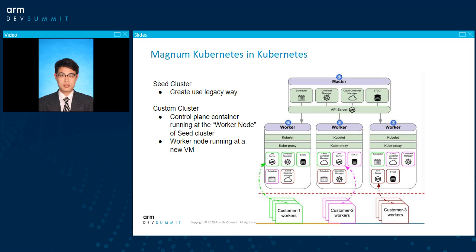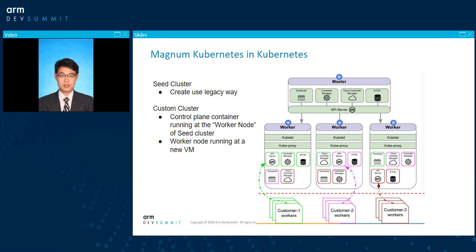We have just been talking about the kube-in-kube solution. First, we define the seed cluster, which is VM based. We can create a seed cluster just as we did in the legacy process in the service tenant.